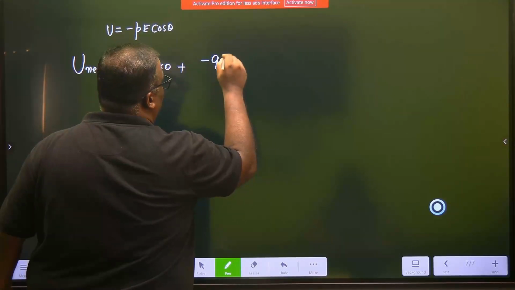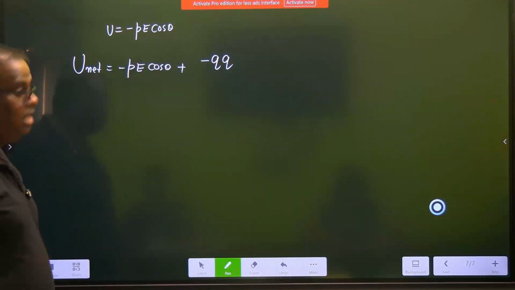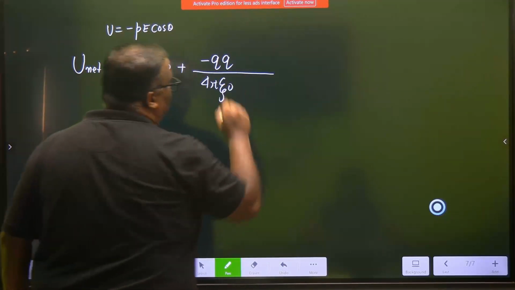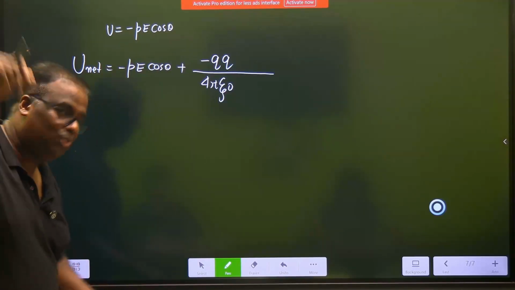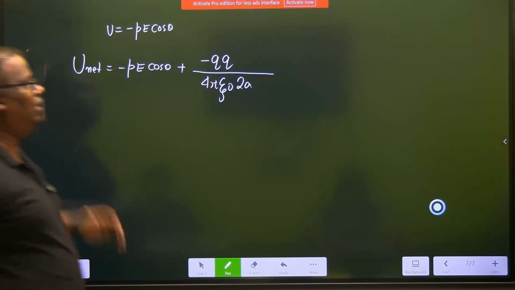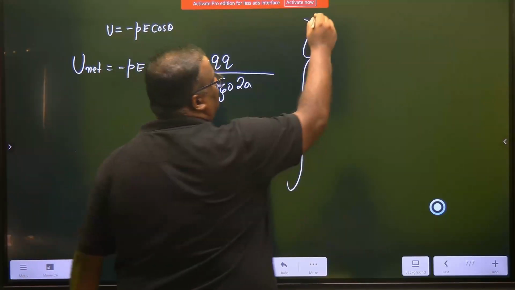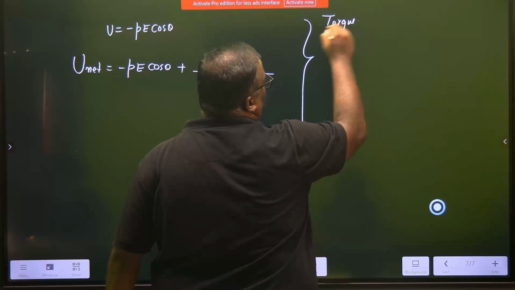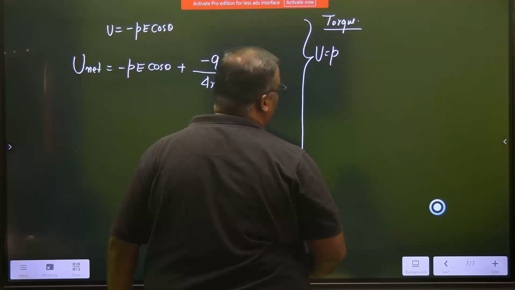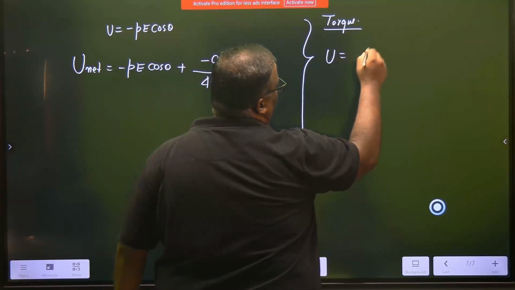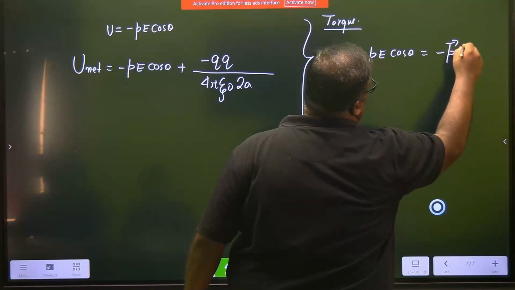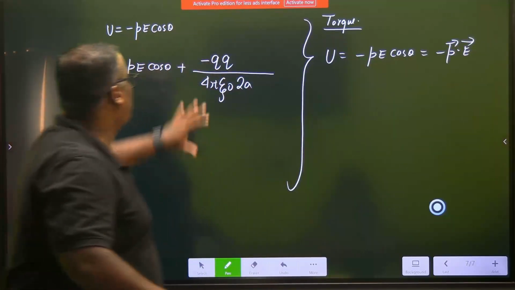Minus Q times plus Q, divided by 4 pi epsilon naught times the distance between the two charges. Got it? However, children, when we went by the torque analogy, we found that the potential energy was just minus P E cos theta, which we wrote as minus P dot E. Here we are getting one more additional term.